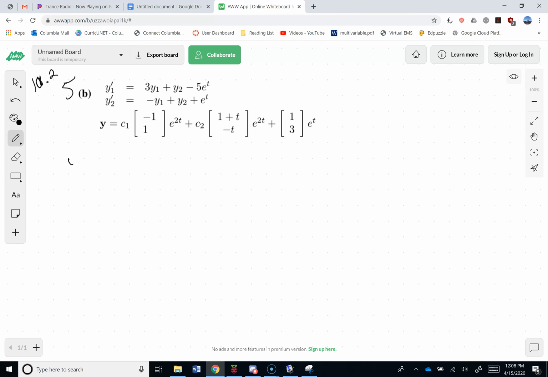So I'm rewriting this as a vector y prime is the vector 3, 1, minus 1, 1 times y plus, what about the minus 5 e^t? Minus 5 e to the t, e to the t.